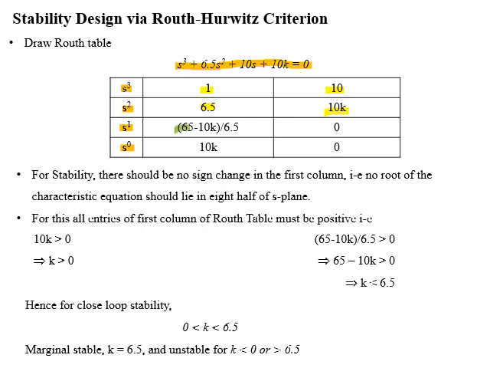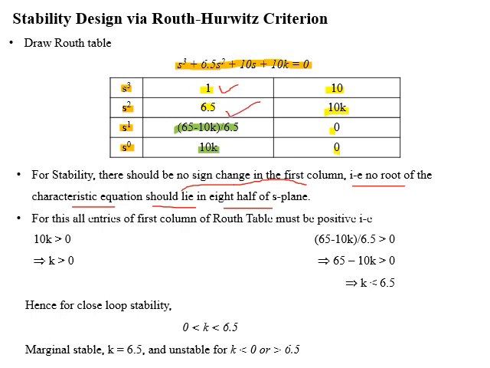Now for stable operation of the system, there must be no sign change in the first column of the Routh table, which means that all values must be positive or greater than 0. In the first row we have 1, which is greater than 0. In second row we have 6.5, which is also greater than 0.